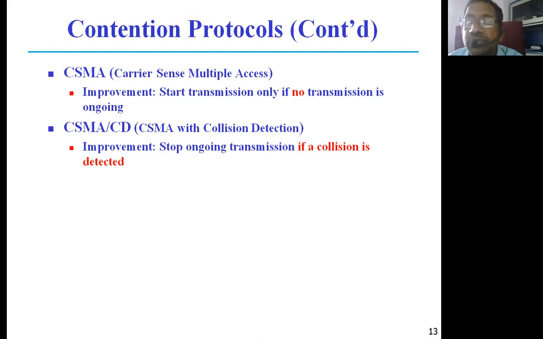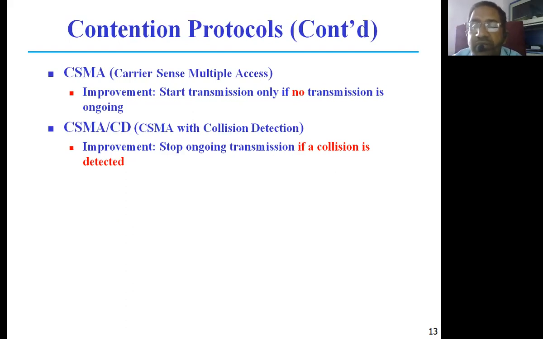So if a collision really takes place, that information should be transmitted to all the nodes in the network. The node which has data should stop ongoing transmission if a collision takes place. Say a particular mobile station started transmitting after identifying that there is no carrier signal on the multiple access medium.